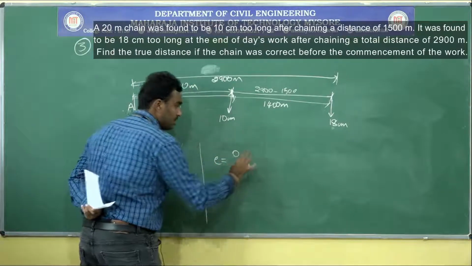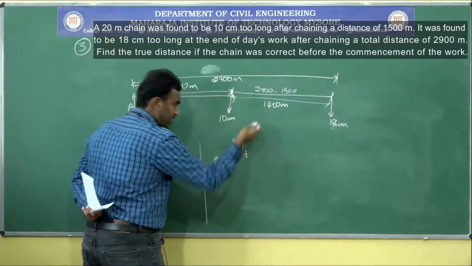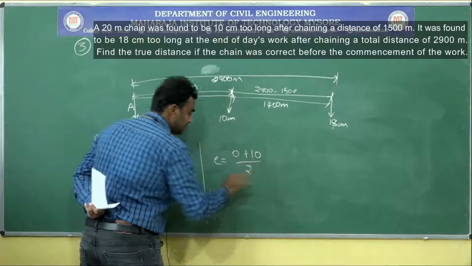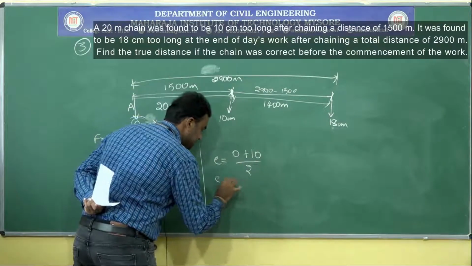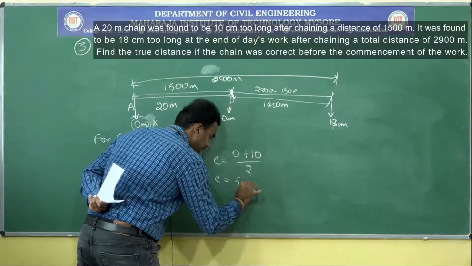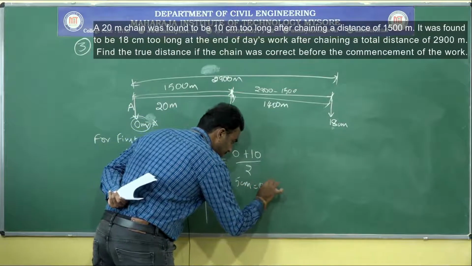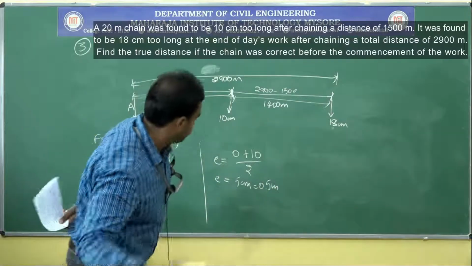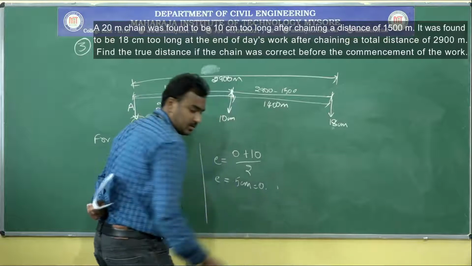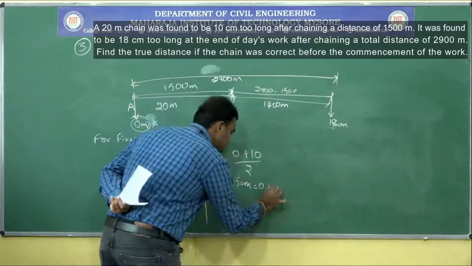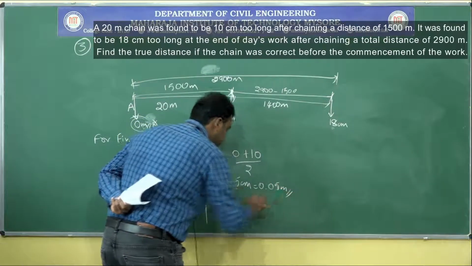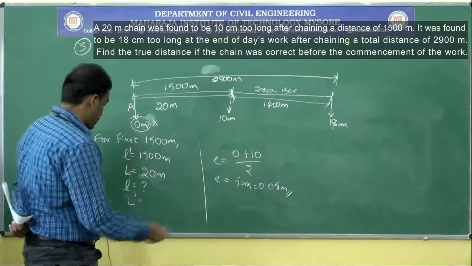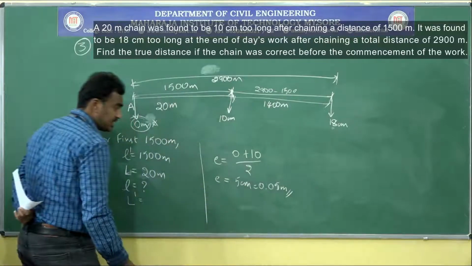Initially it was 0, there was no error, and after completion of the work it is 10 centimeters. Averaging this, you get 5 centimeters, that is 0.05 meter. That means it is too long by 0.05 meter or 5 centimeters.